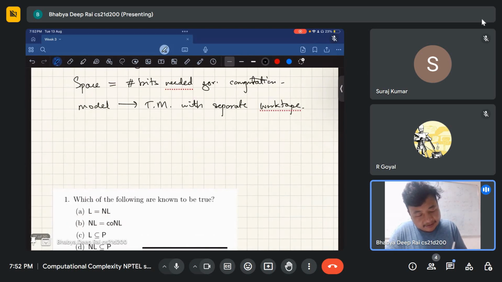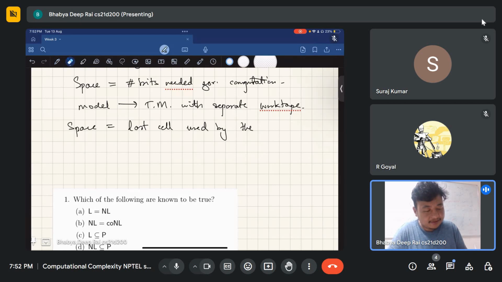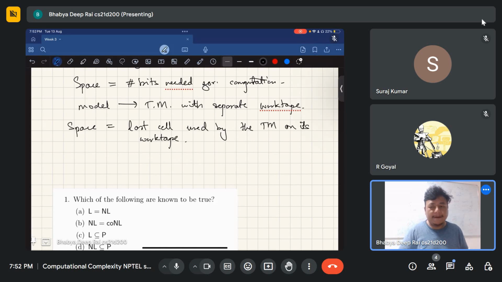Another way of defining space is the last cell used by the Turing machine on its work tape.